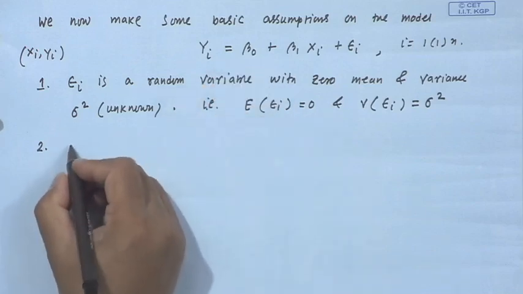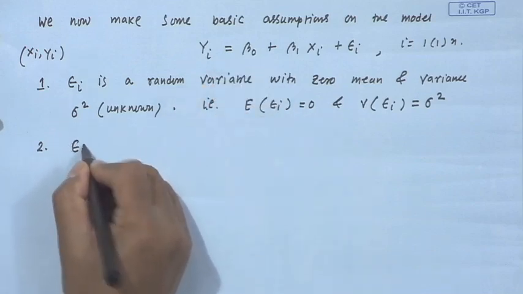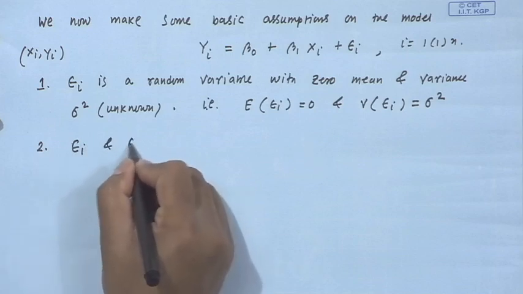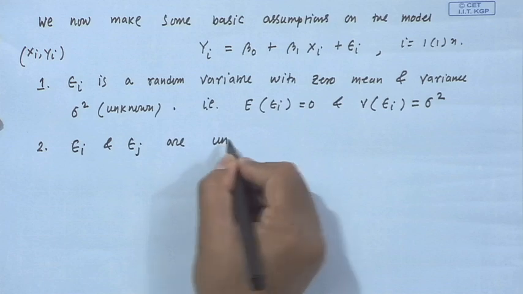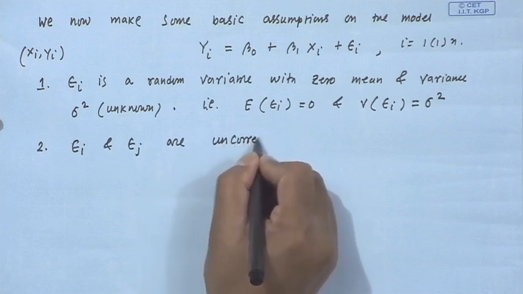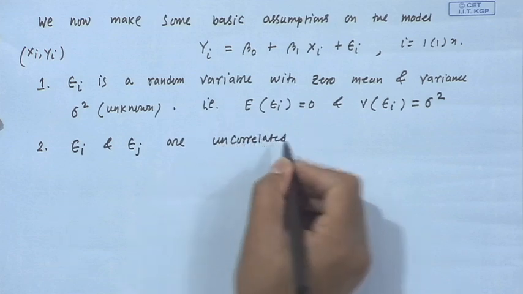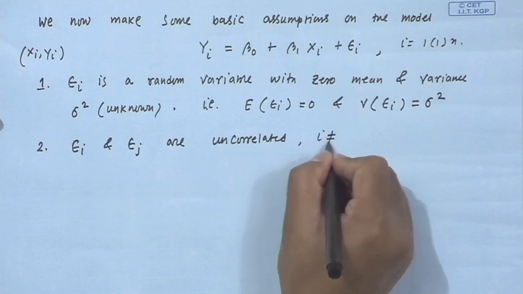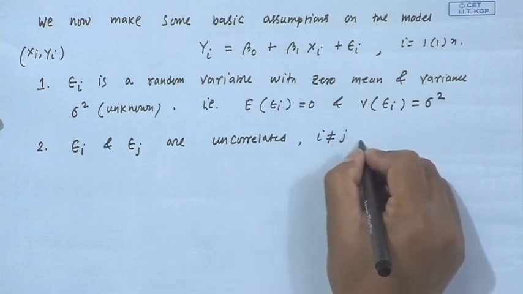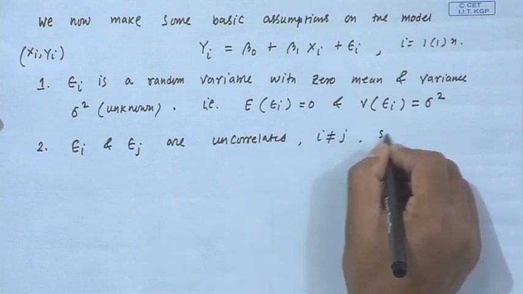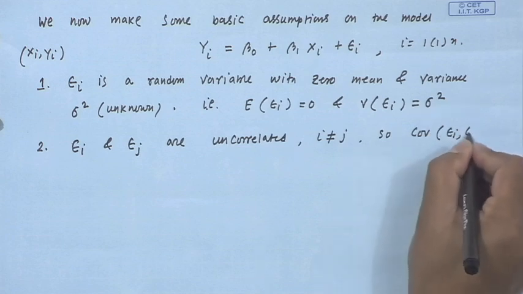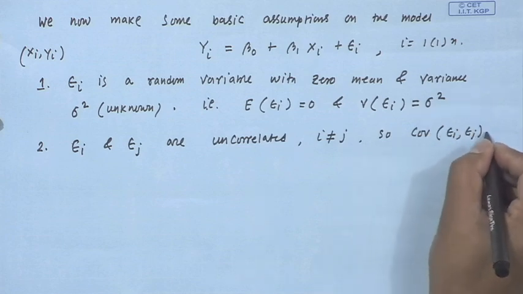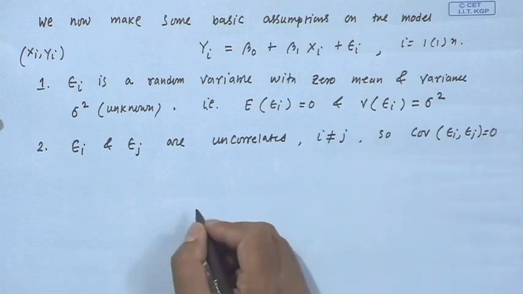Okay. The second one is that epsilon i and epsilon j are uncorrelated for i not equal to j. That means the covariance between epsilon i and epsilon j is equal to 0.